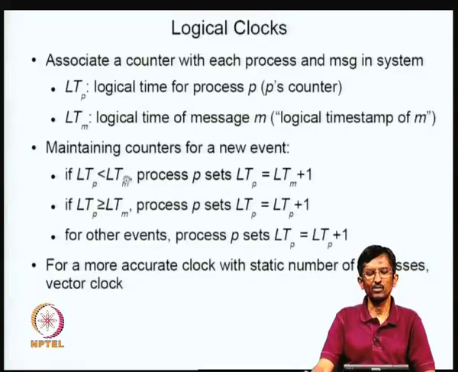Because it just received a message, if it so turns out my current notion of time is smaller than the time as seen by the message that I just received, then I tell myself anything that I do in the future has to be later than the message that I got. Therefore, my current notion of time is going to be that of this message plus 1. Okay, that is what it is. Basically, I am updating my notion of clock.